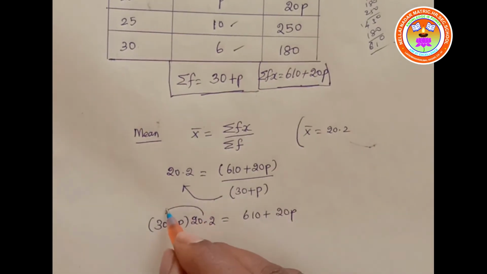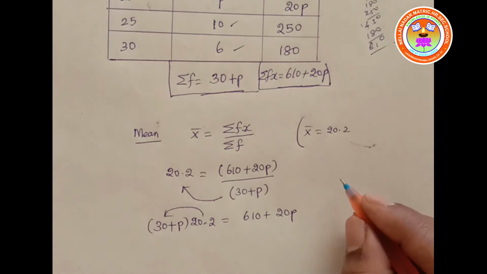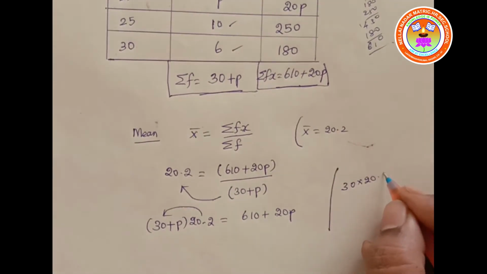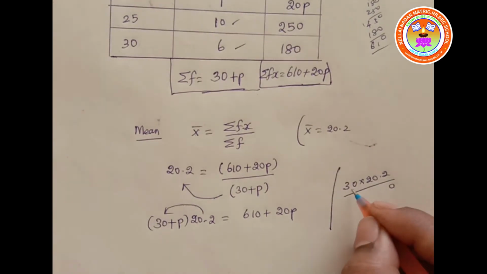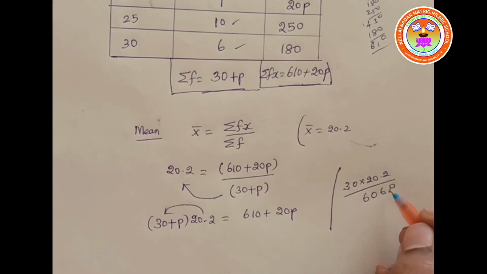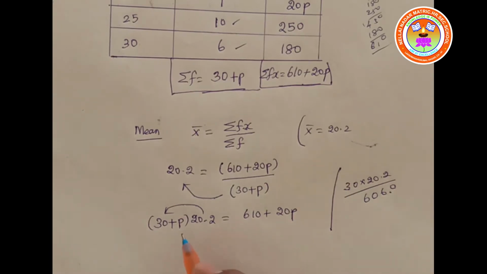So when you multiply, what do you get? 30 into 20.2: 3 twos are 6, 0, 3 twos are 6, one number after the decimal point, that is 606.